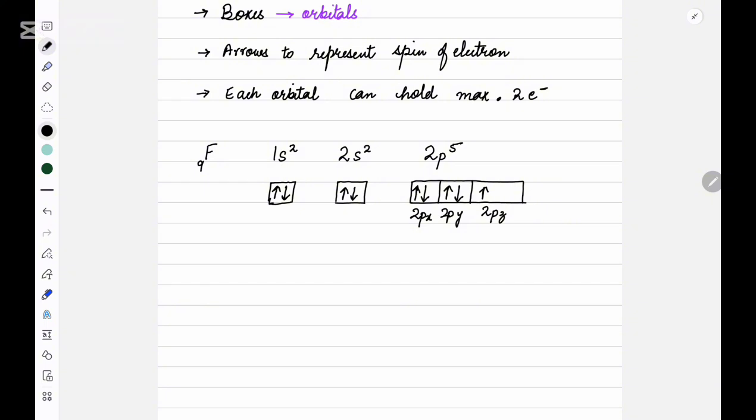For example, if we want to represent nitrogen, N7, it is going to be 1s2, 2s2, and 2p3.